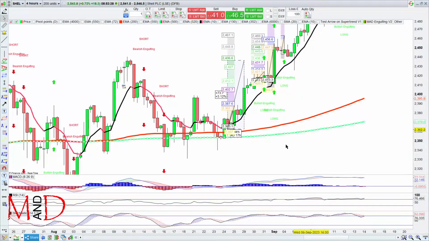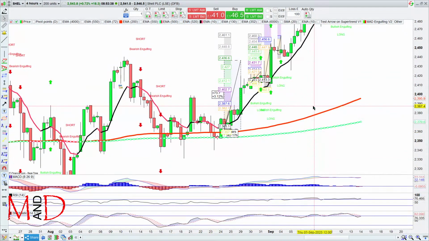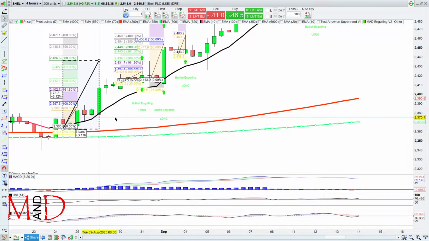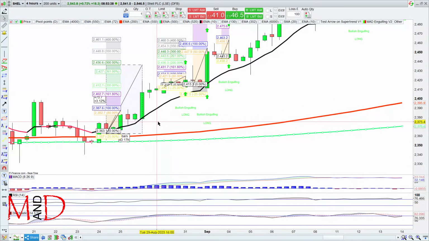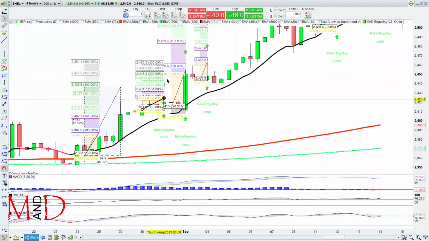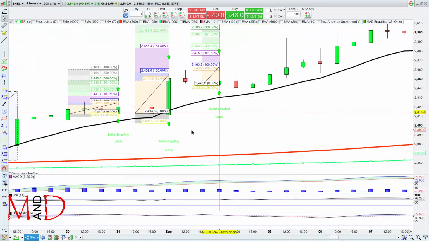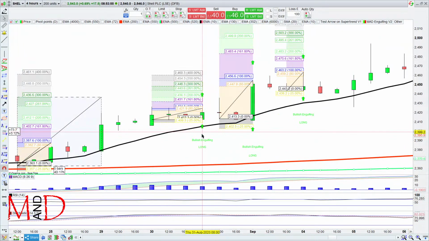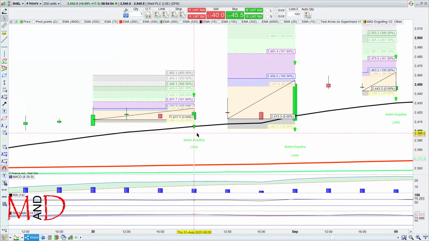Remember, 1 to 2 or 1 to 3, so 300 or 400%, or just enter in on each of these engulfing candles. So let's say we put £1 a point on Shell.